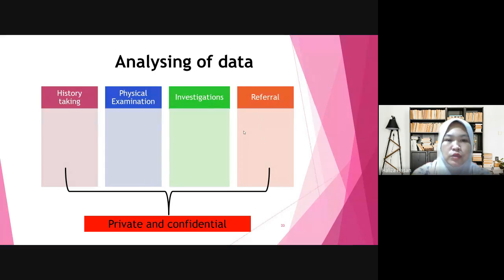Okay. So the analyzing of data, all the history taking, physical examination, investigation and referrals, all will be private and confidential because this is a legal issue or legal case.